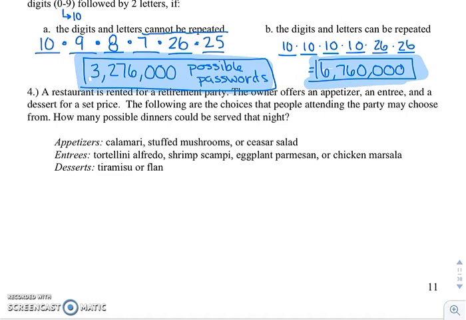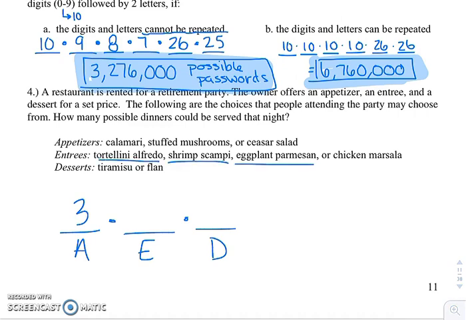We're literally just multiplying the number of appetizers times the number of options for entrees times the options for the desserts. There are 3 appetizers: calamari, mushrooms, and salad. There are 4 entrees and 2 desserts.